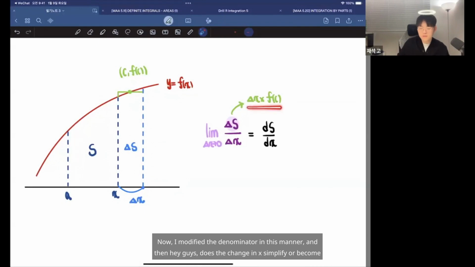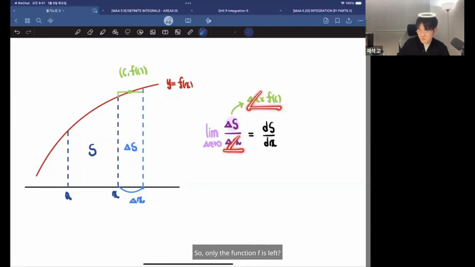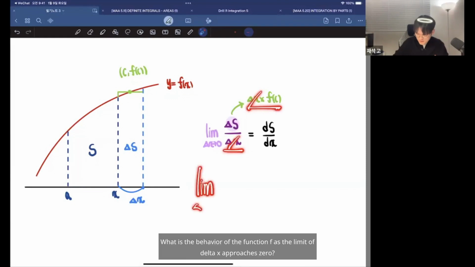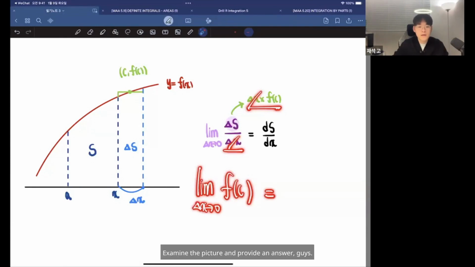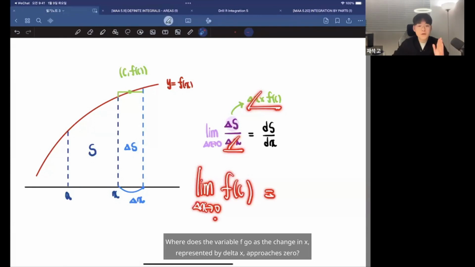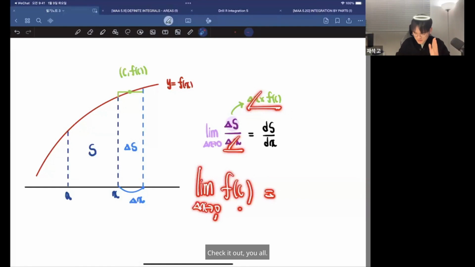Now, I modified the denominator in this manner, and then, does the change in x simplify? So only the function f is left. Let us observe: what is the behavior of the function f as the limit of delta x approaches 0? Examine the picture and provide an answer. Look at how this C is randomly stuck in here.